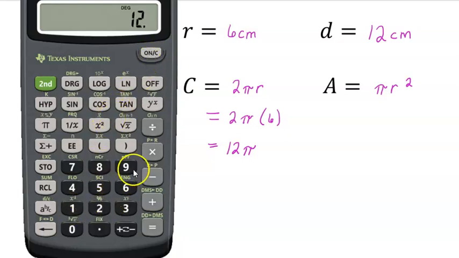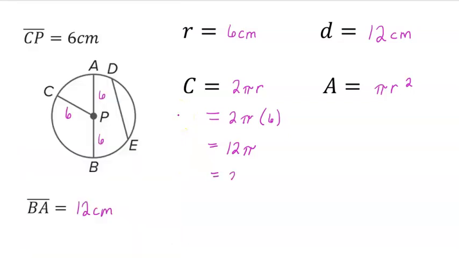So we have 12 times pi, and then here's pi here, so you make sure you hit equals, and we get 37.699. And then, of course, if they ask us to round it, we could say 37.70 centimeters.